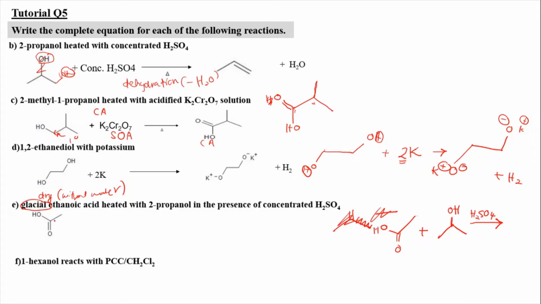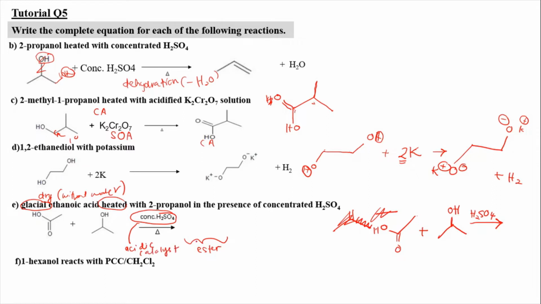So first we have the ethanoic acid plus 2-propanol, and then in the presence of the concentrated H2SO4 at high temperature because it is heated, what we're going to get is an ester. Okay, and the concentrated H2SO4 here is going to act as an acidic catalyst.